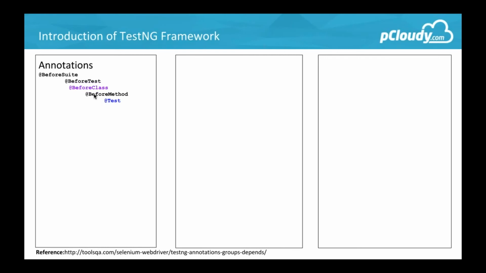Suppose I can define @BeforeClass at a single place, and before every class the same code will be executed. I don't need to call it again and again. Suppose you want to invoke the driver before every method, or maybe before every class, or before every test, and after every test you want to close it. All these things can be done with these annotations.